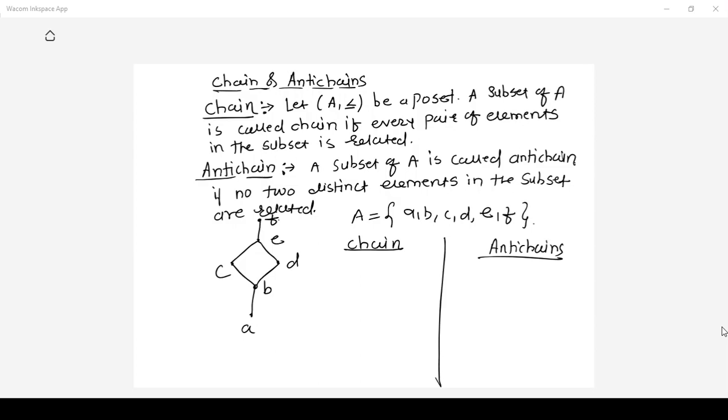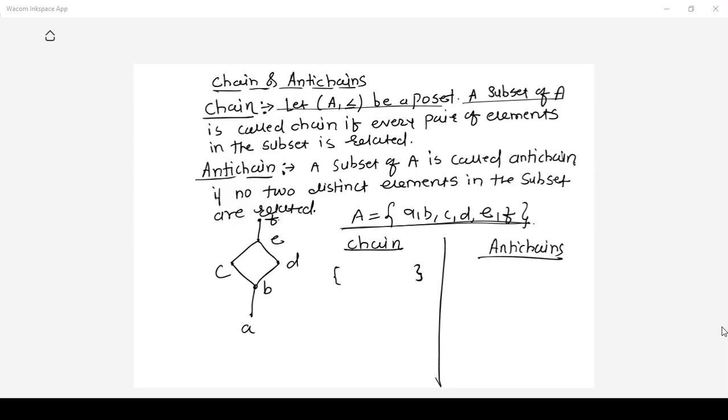Now according to the chain definition, if you have the poset, a subset of set A we can call a chain if every pair of elements in that subset is related. So whatever subset you write, every pair of elements in that subset should be related.